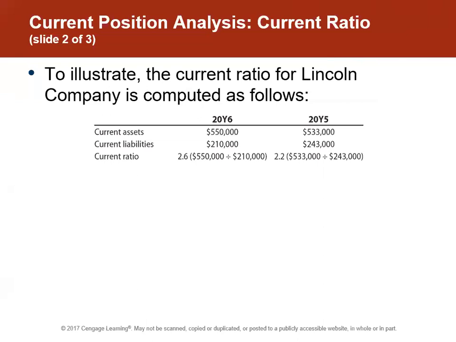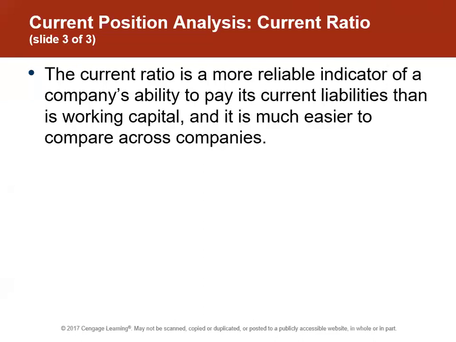So we're looking at greater than 1, and again, it depends on the industry. We want that to be a positive number because it means we have more current assets than liabilities. So current ratio is just current assets divided by current liabilities.